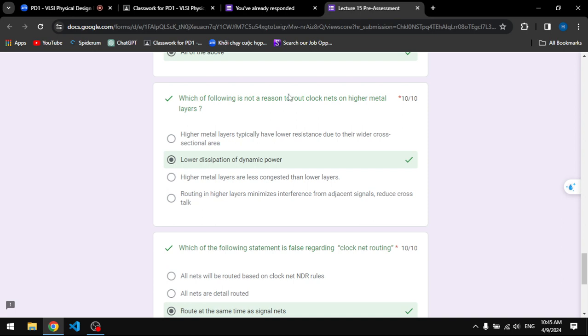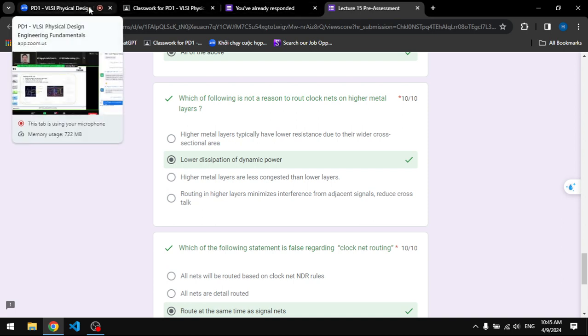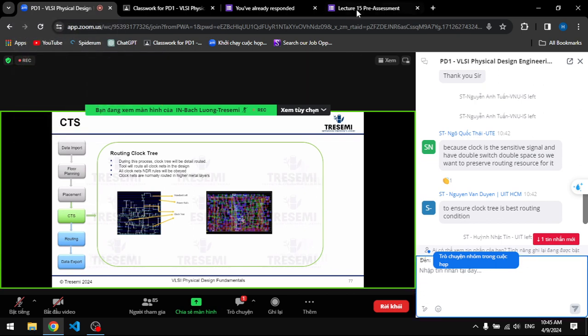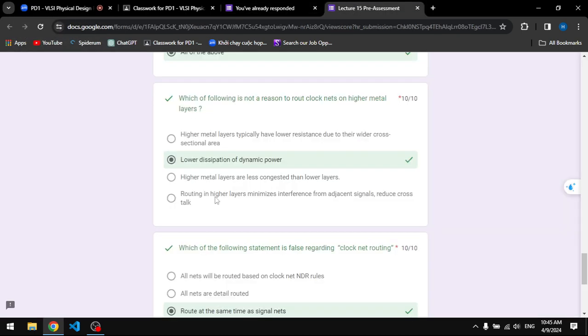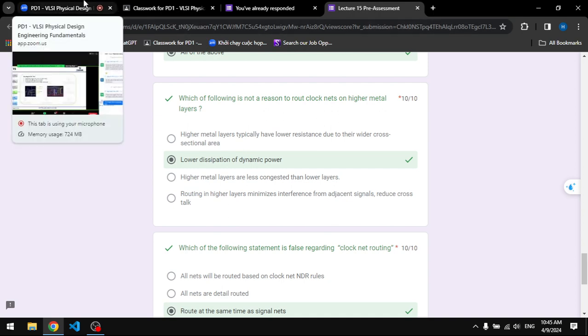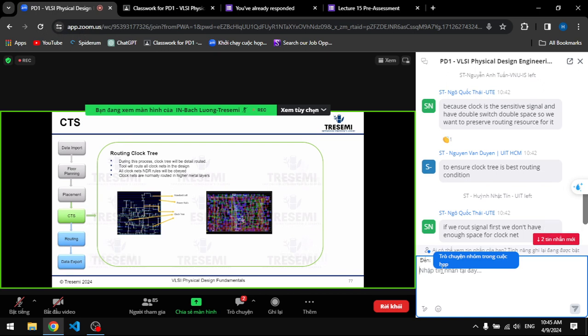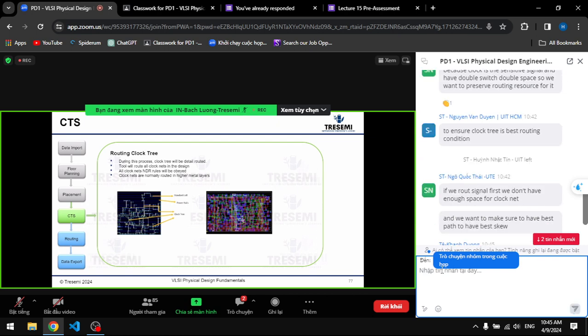I think, if you remember the last lecture, there was lower R in higher metal layers. That is correct. The higher metal layers usually have less resistance.